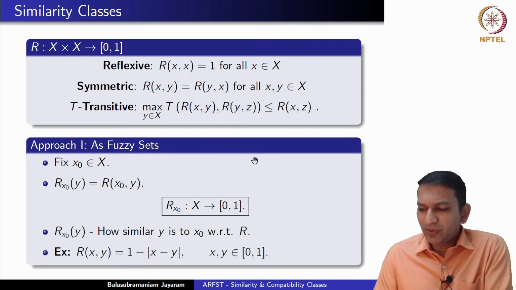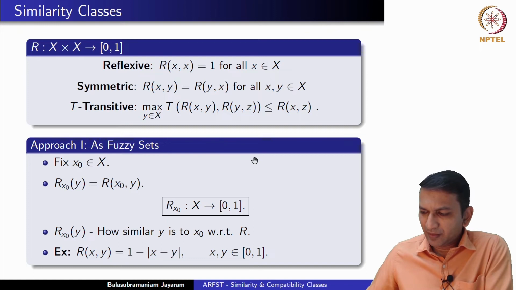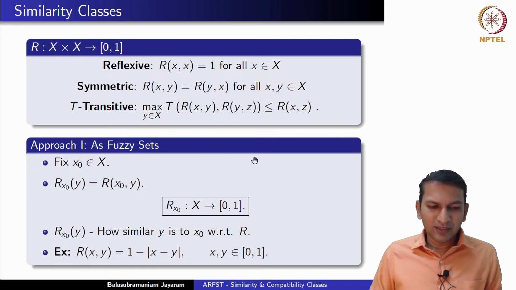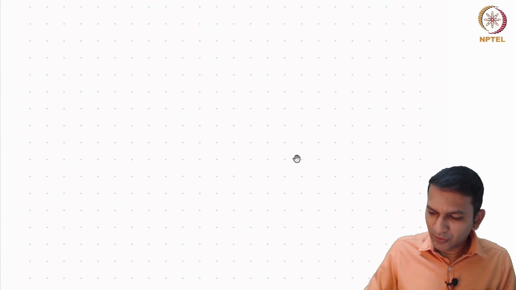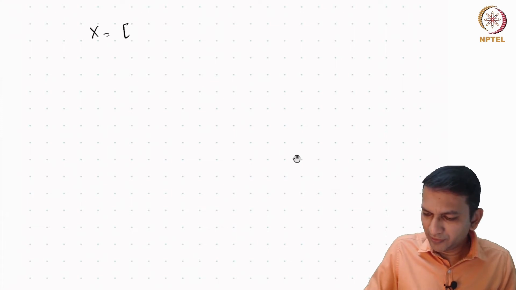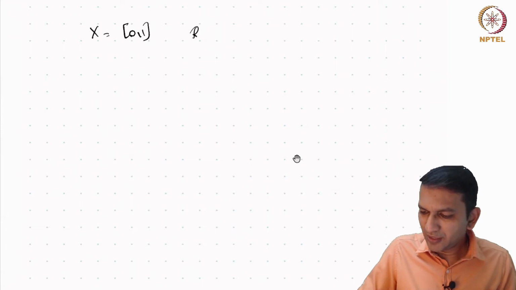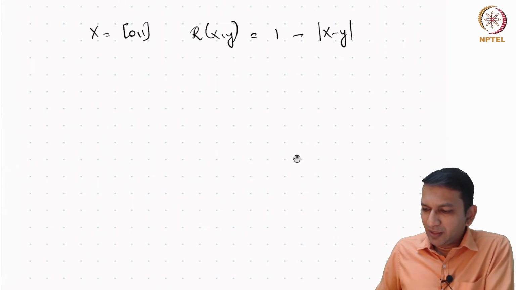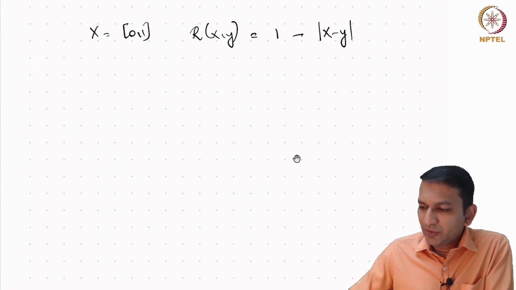Let's look at one particular example. Consider this relation. We have x to be [0, 1] and r of x, y is given as 1 minus mod x minus y. You could also think of this as x related to y.